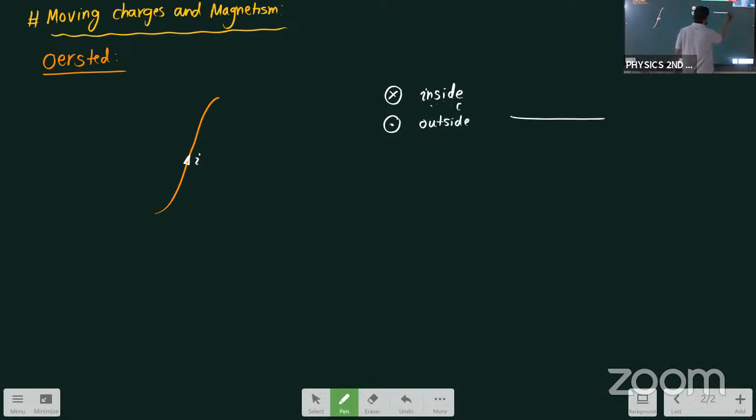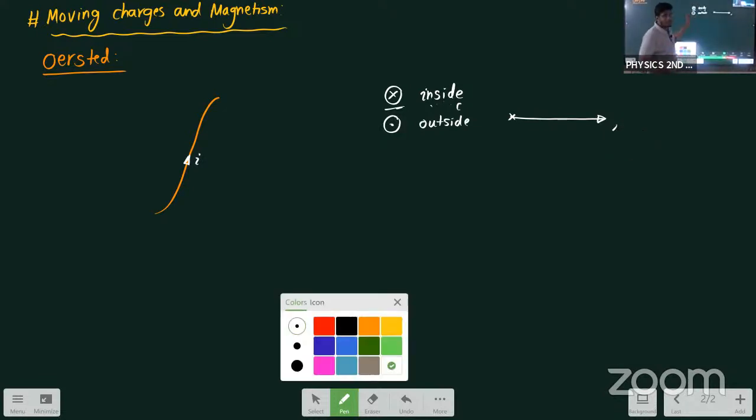If you see the arrow, here we'll have the pointed region. At the back side of the arrow, we'll have the cross mark. If the arrow is going inside, we'll be able to see the cross mark. So whenever the magnetic field is inside, I'll be considering the cross mark. If the arrow is coming outside, we'll be able to see the pointed region. So it represents the magnetic field is coming outside. Please do remember this terminology so that while solving the problems as well as while discussing the concept, it will be very easy.